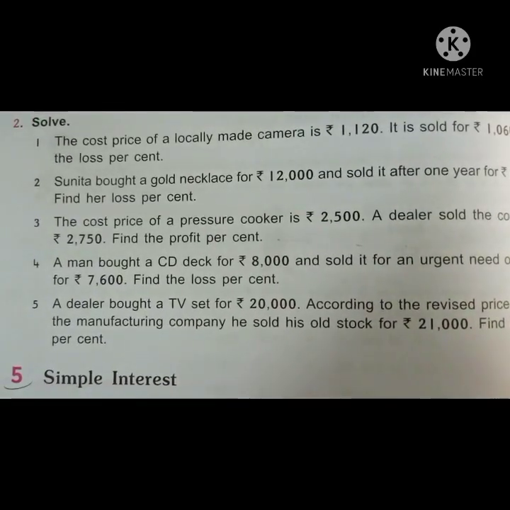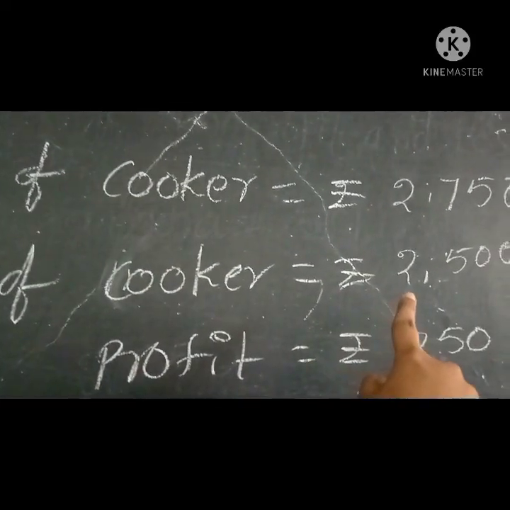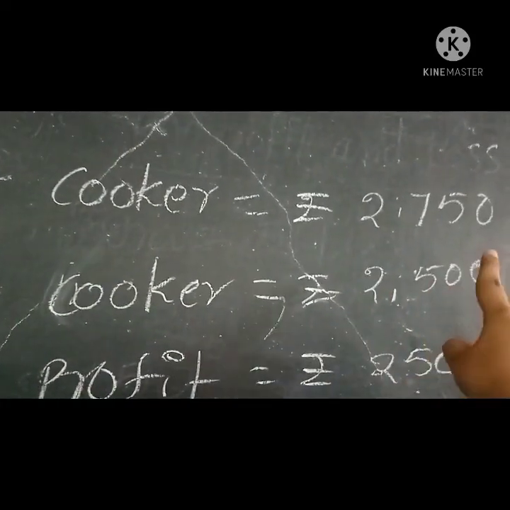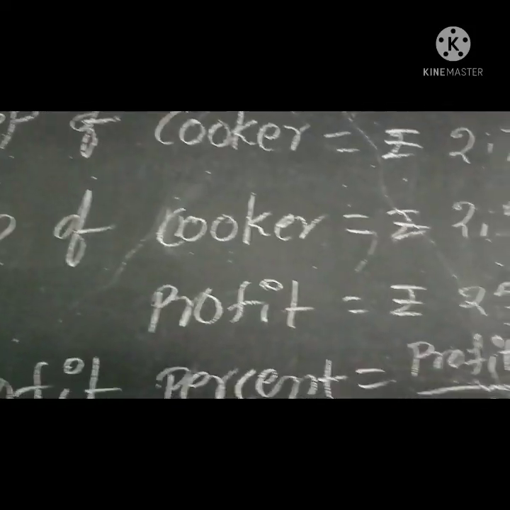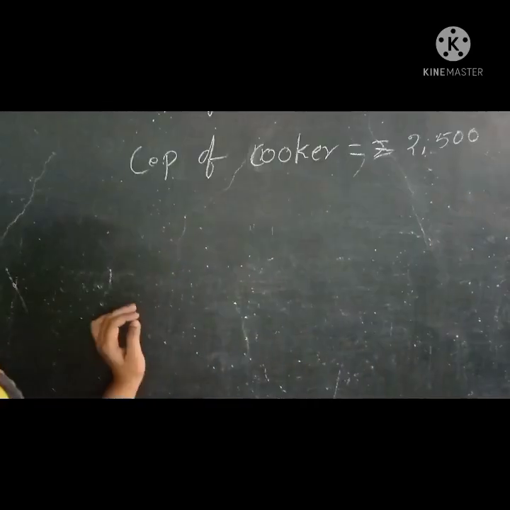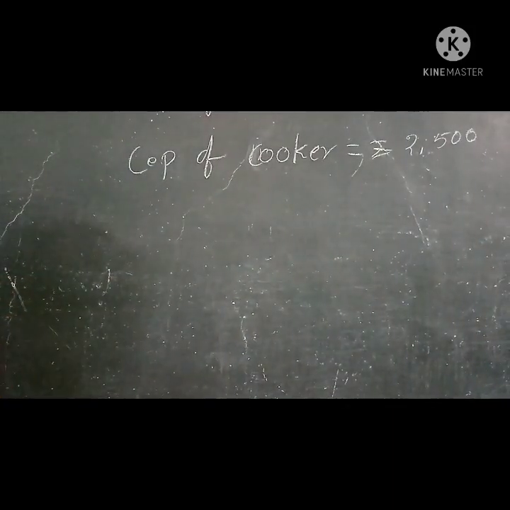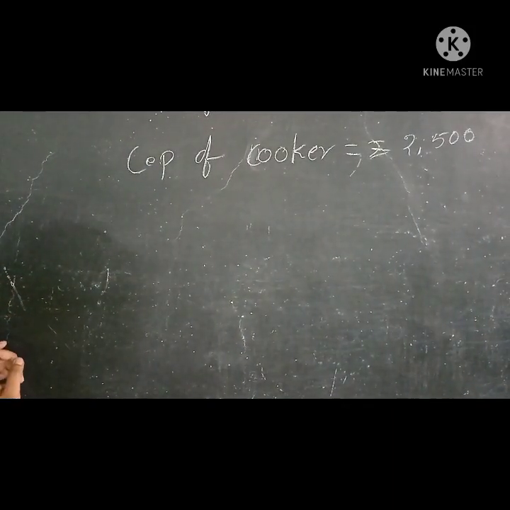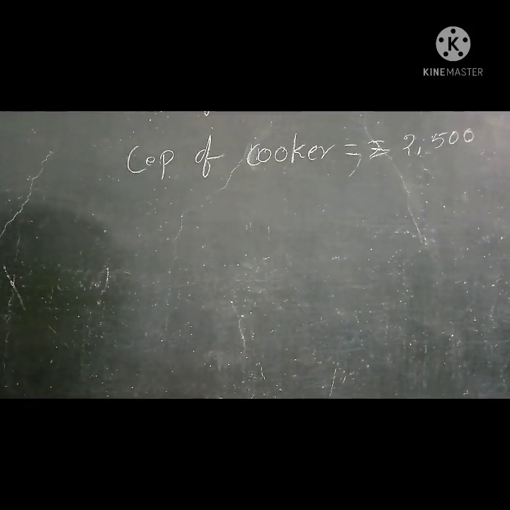Okay, now see. So selling price of cooker is equal to how much rupees? 2750 rupees. Cost price of pressure cooker is equal to 2500 rupees. Okay, so here do they get the profit or loss? Profit. Already they gave. We have to find out the profit percent.